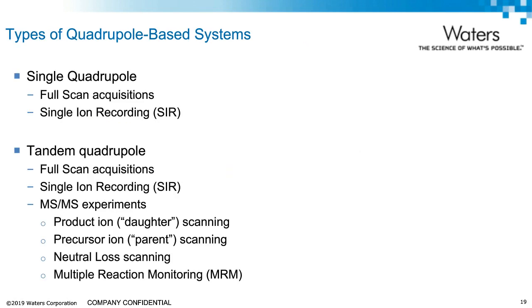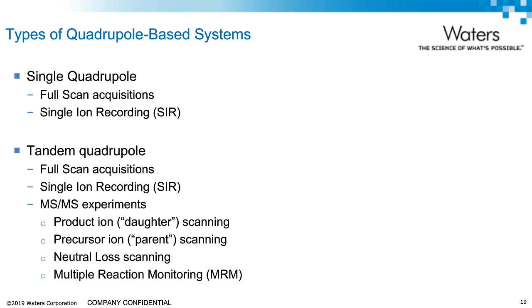Now, for single quadrupole systems, mass data can be collected in either of 2 modes: full scan mode or a static mode called single ion recording. Full scan mode is analogous to a photodiode array spectra, where the mass range unit is mass to charge.